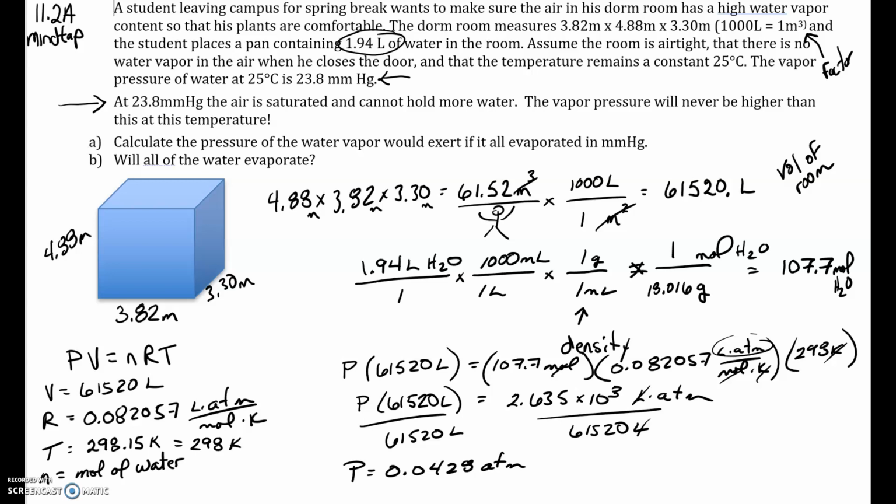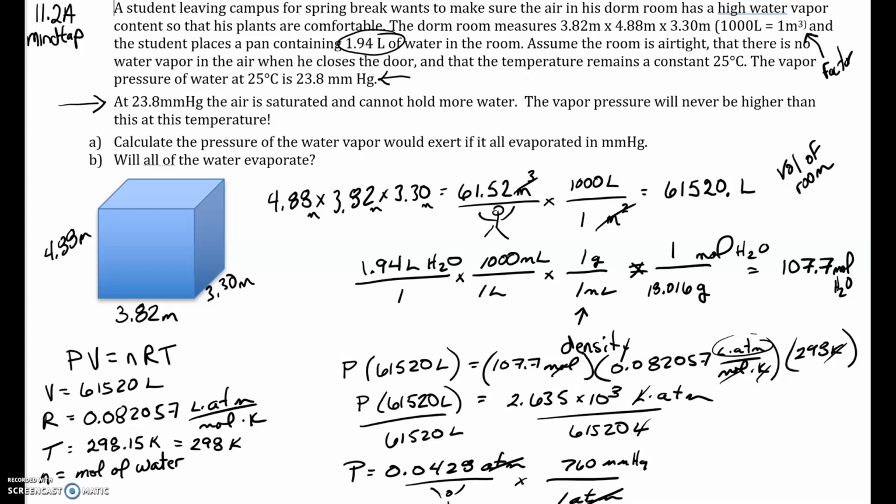However, the question says calculate the pressure of the water vapor in millimeters of mercury. So again, I'm going to use my stick figure. This is another conversion that you really should commit to memory: 1 atmosphere is 760 millimeters of mercury.